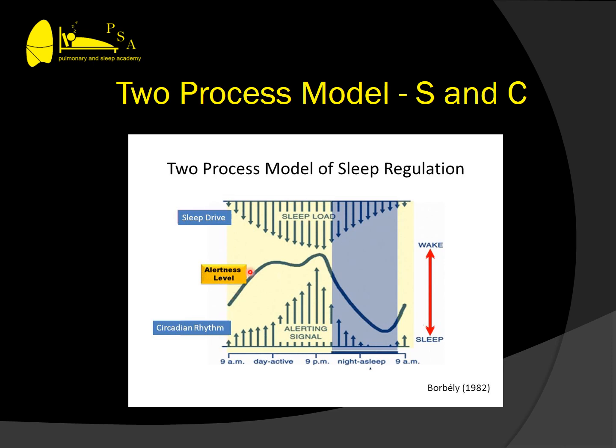So the net then will be our alerting signal, and generally around the time that it's nighttime, that alerting signal will drop, and we will be reducing the sleep load, and this is basically going to create something similar to the following graph as far as the summary of what results.